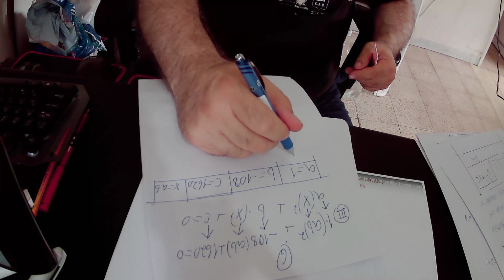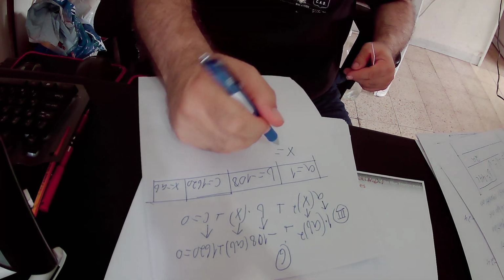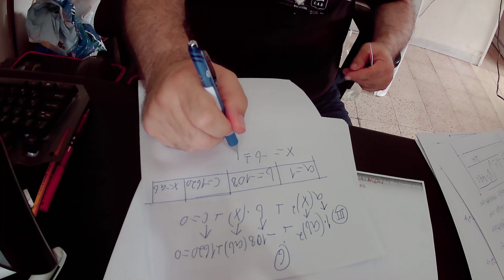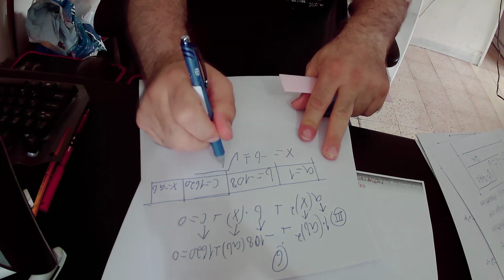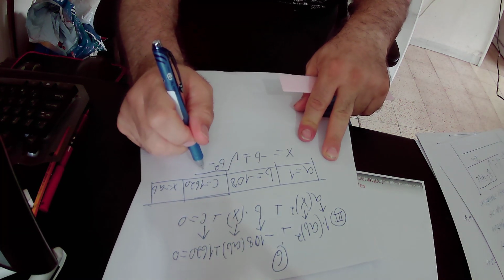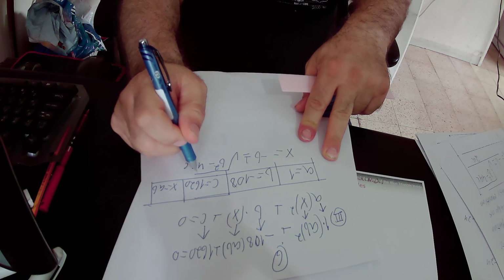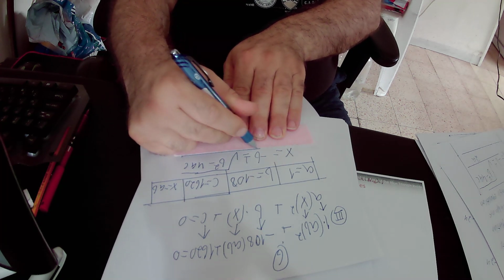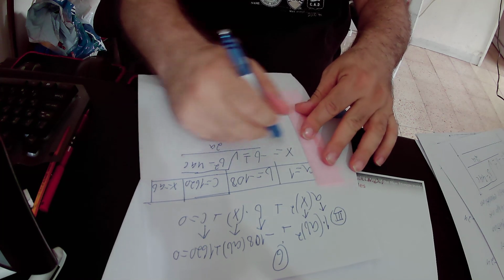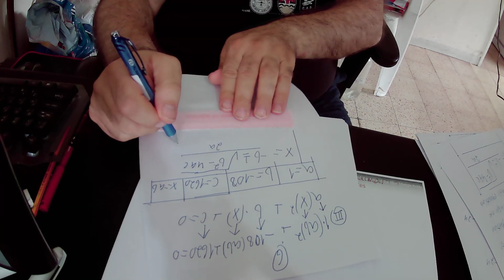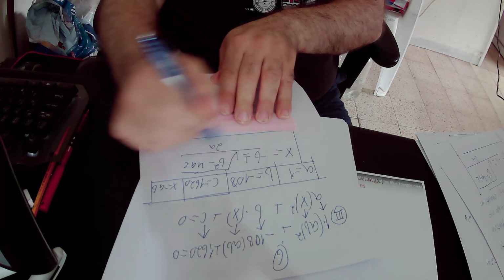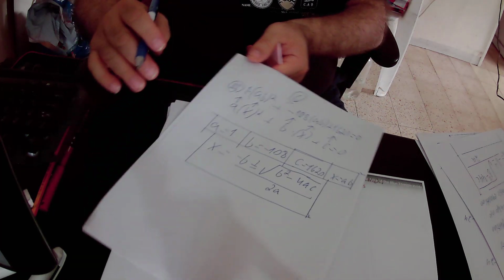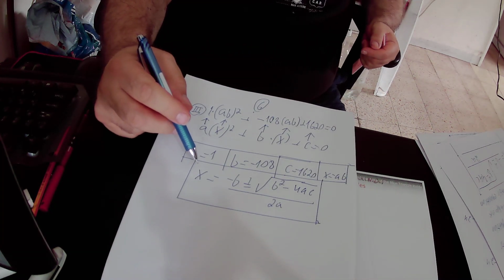So the general formula for x is x equals minus b plus minus the root of b squared minus 4ac, divided by 2a. So this is the formula for x.